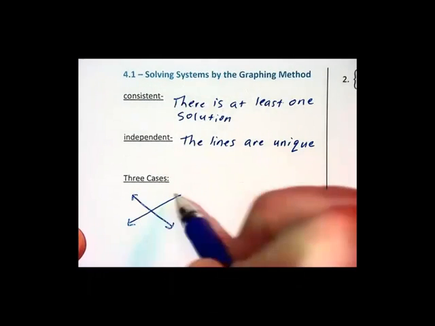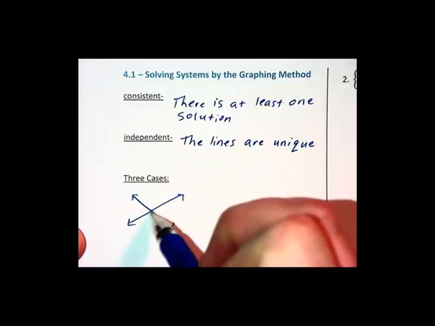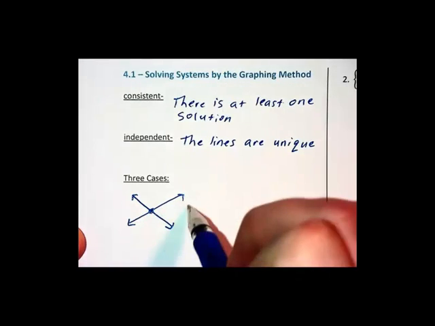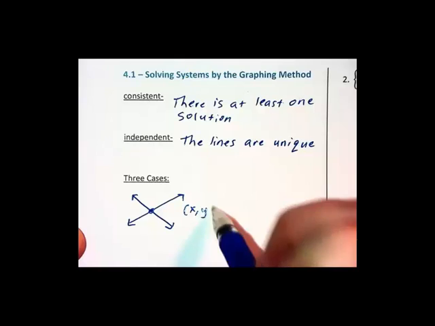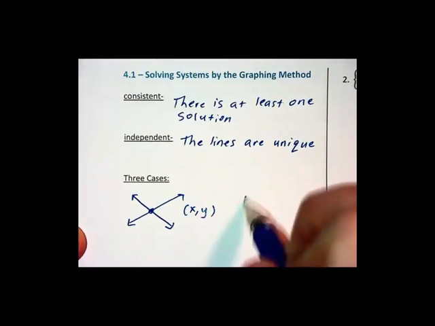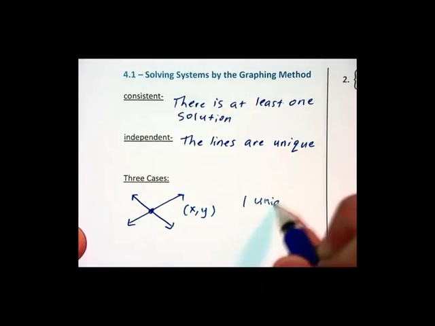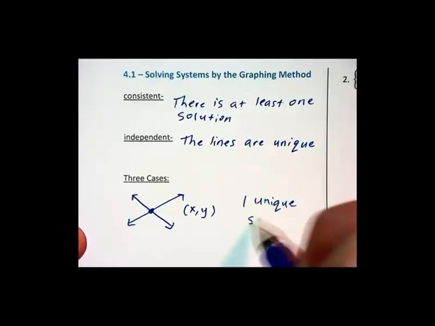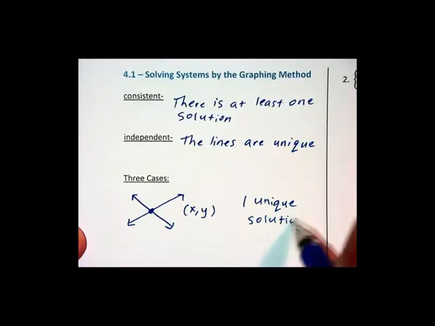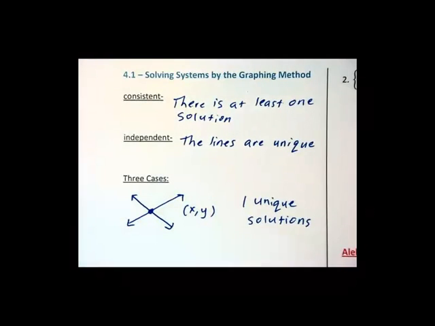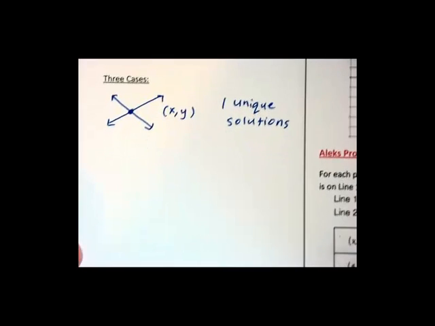And that is the ideal situation. This point in the center here is x comma y, and we have one unique xy solution. This is the way most of your systems are going to result. We're going to have a nice neat equation, a nice neat solution to the system.